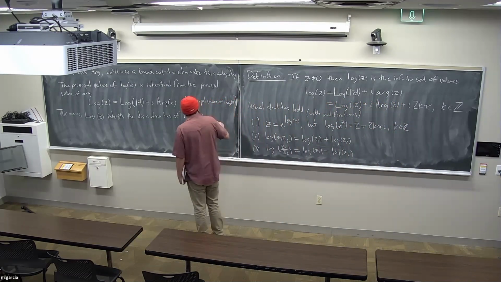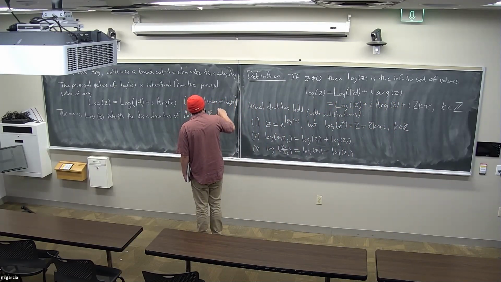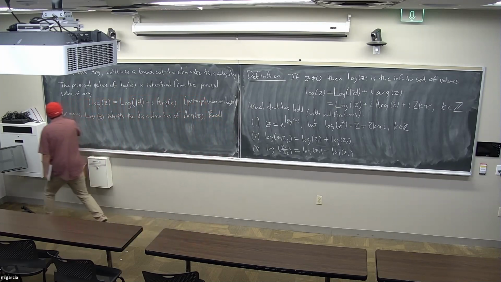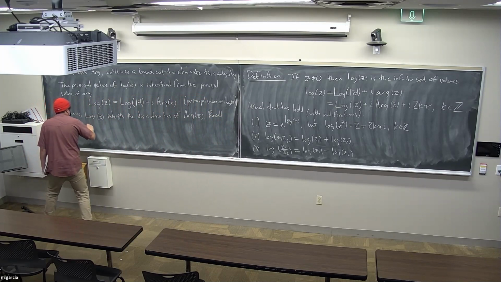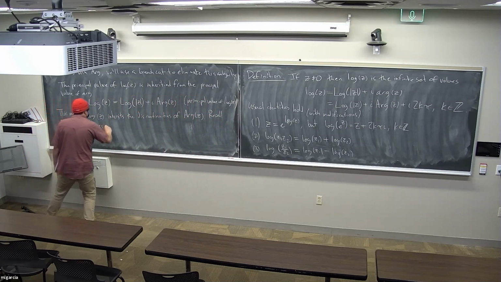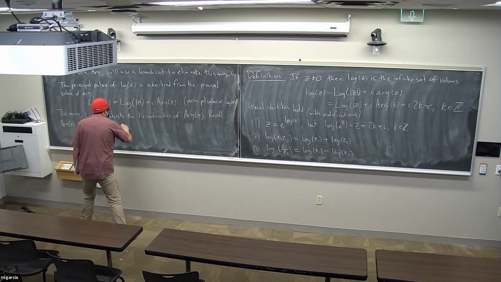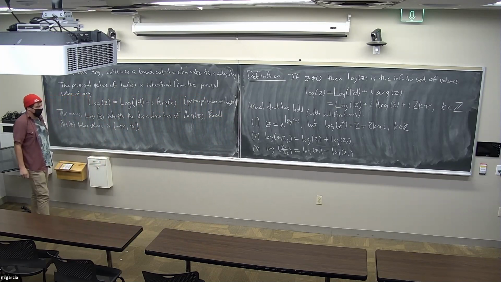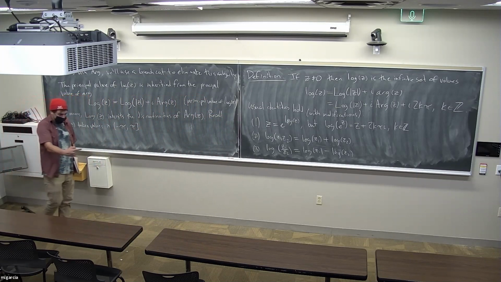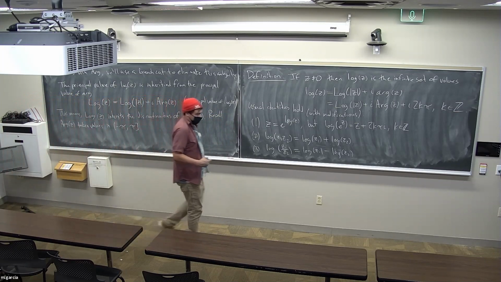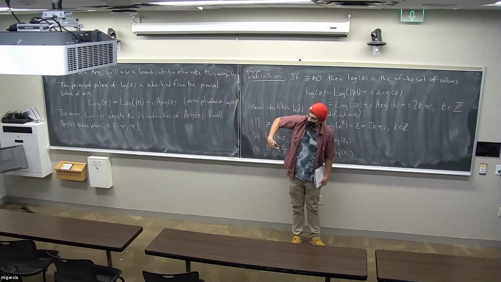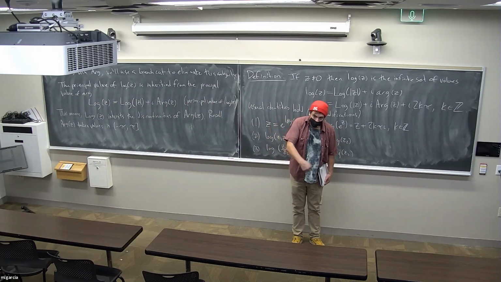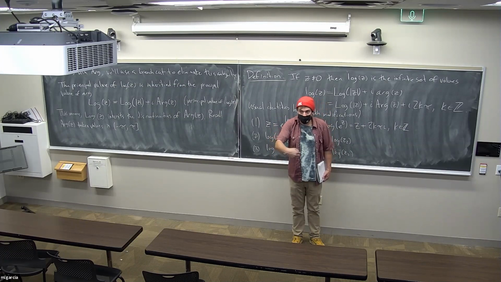Right, so capital Arg takes values in negative pi to pi. That is to say, when we encounter the negative real axis, the arg is discontinuous. It's continuous from, but not including, negative pi up until you get around to pi, i.e. the negative real axis.